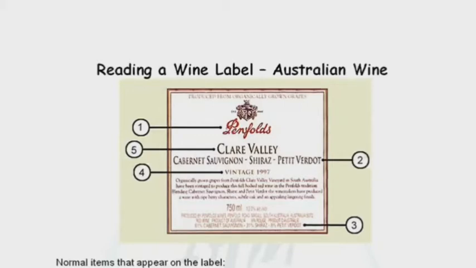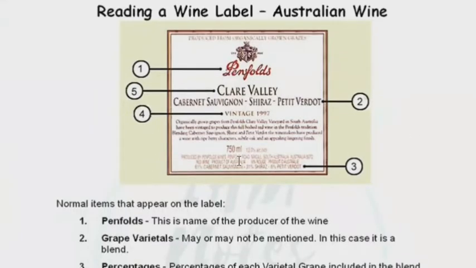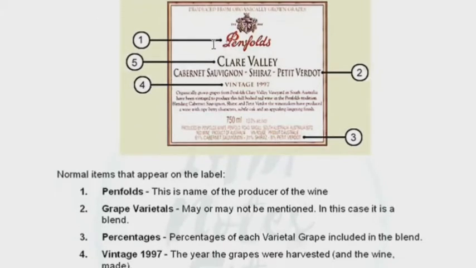All right. So now I start with the label of wines. As you can see in this picture, there is written over here Penfolds. This is the name of the producer of the wine. Penfolds, grape varietal, percentage, vintage, and Clare Valley.